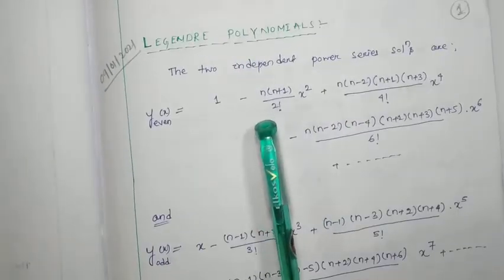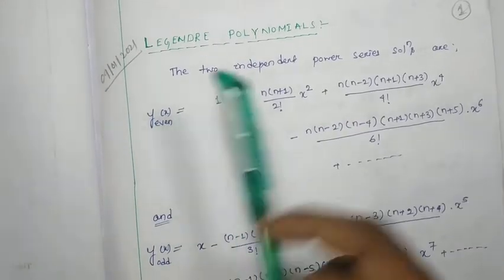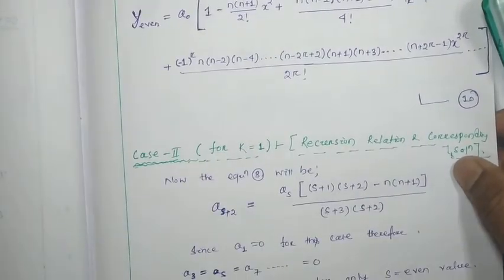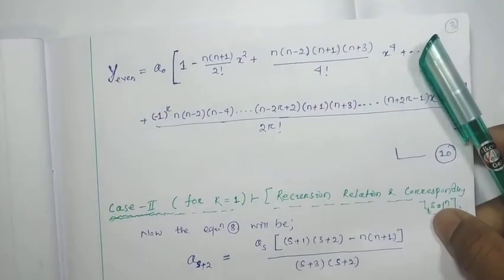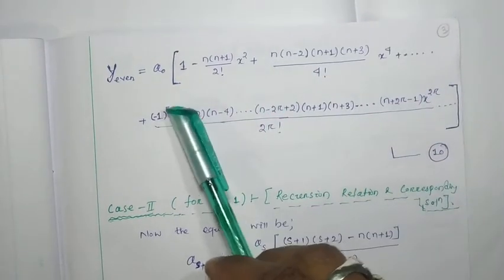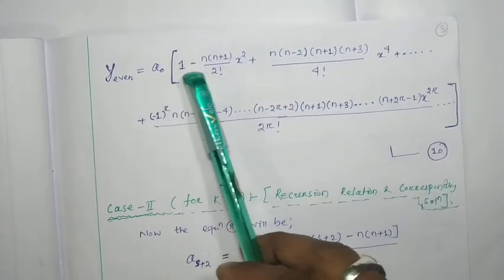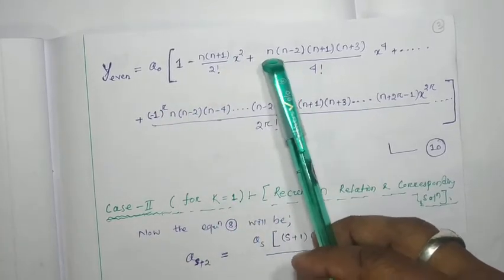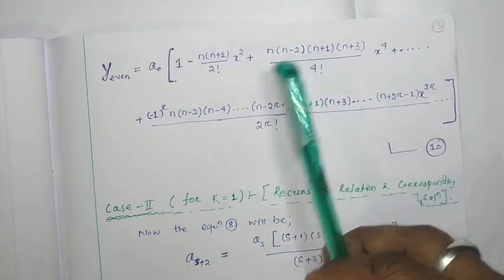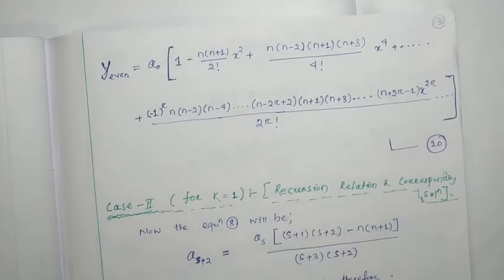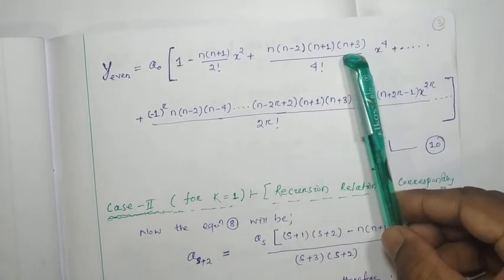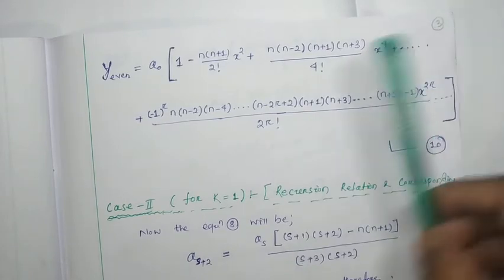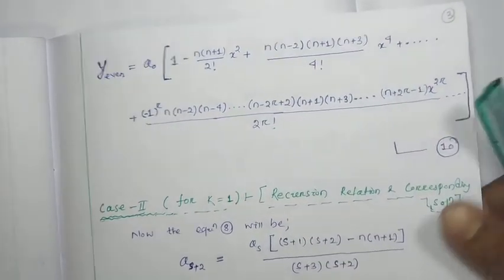So we are going to cross check your y even, what we found. See y even, I have written a0 into 1 minus n into n plus 1 by 2 factorial into x square, plus n into n minus 2 into n plus 1 into n plus 3 by 4 factorial into x to the power 4, plus your general term.